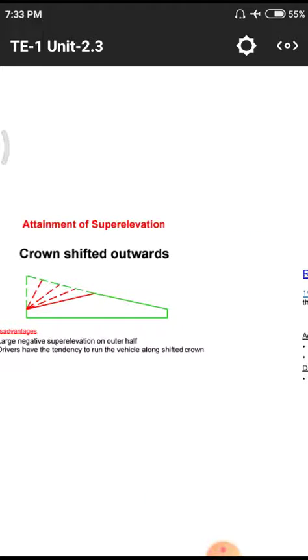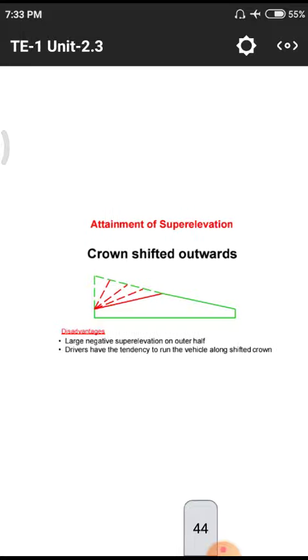Next one is the alignment of super elevation with the crown shifted outwards. The wheel nearer to the center point of the particular curve is called the inner wheel, and that edge is called the inner edge. The edge farther from the center of the curve is called the outer edge. In this case we have the crown shifted outwards.